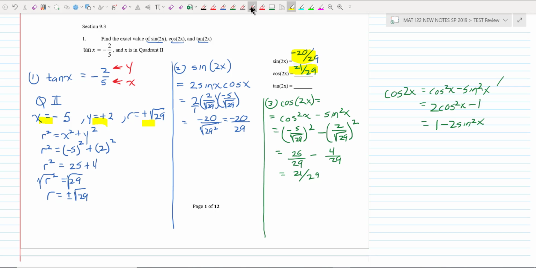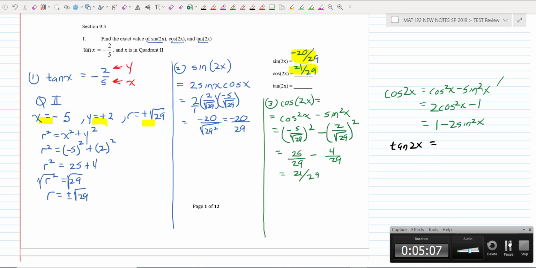All right, now that leaves us with the fourth thing to do, which would be the tangent of 2x. Now you have a couple of choices. We have the tangent double angle identity, you can either do that. There's two ways to do this.